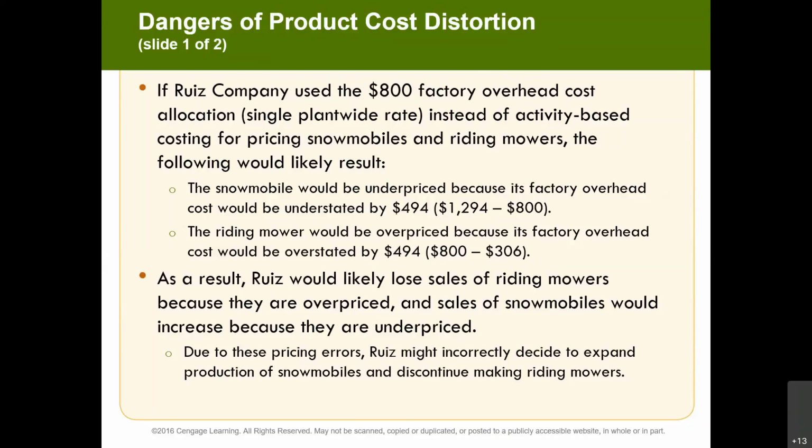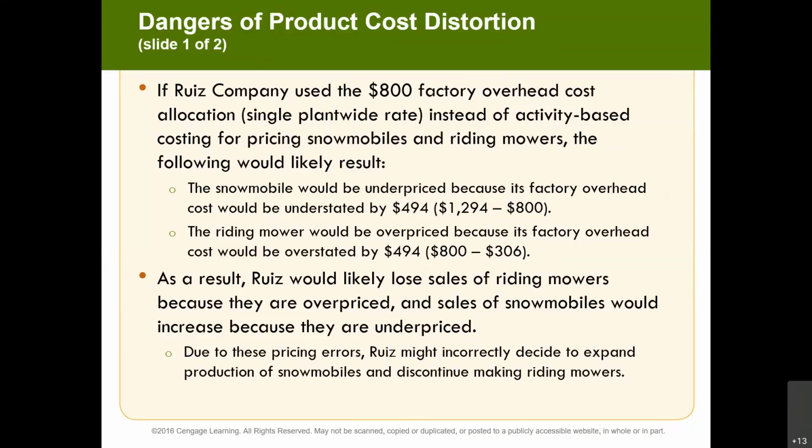So this would result in a potential loss in sales dollars, right? Because if I'm understating the cost of something and overstating the cost of something else, with that overstatement, I'm losing potential revenue for each unit being sold because I'm allocating too much overhead cost to that product.